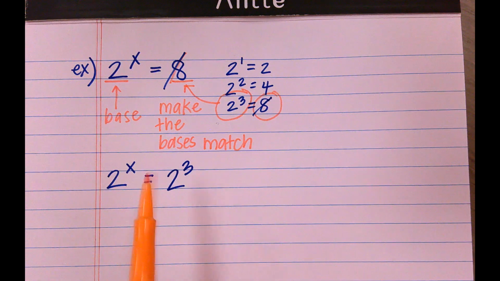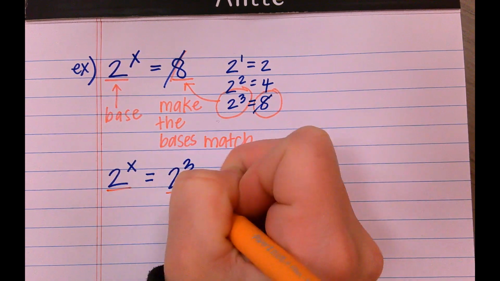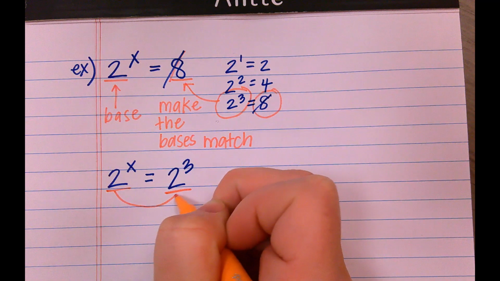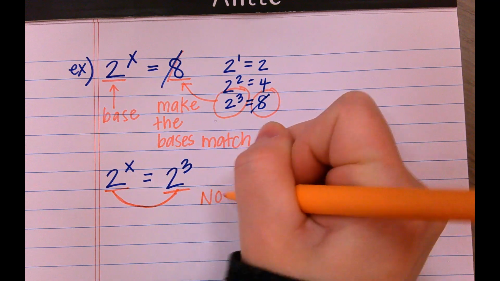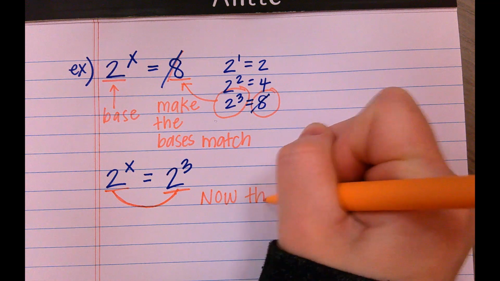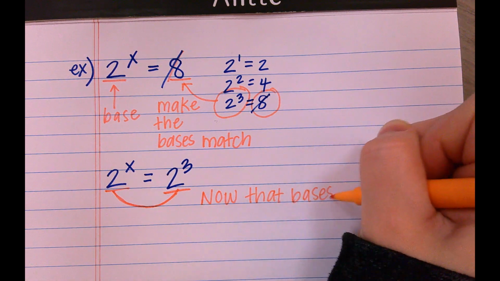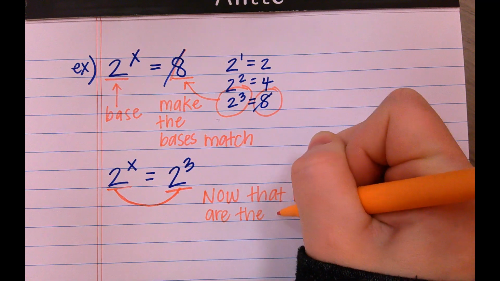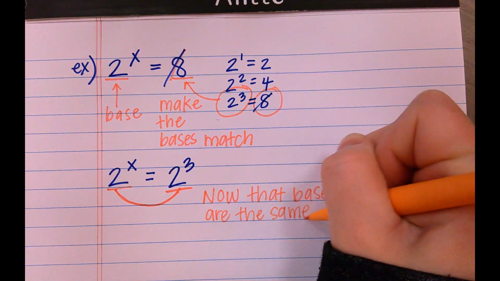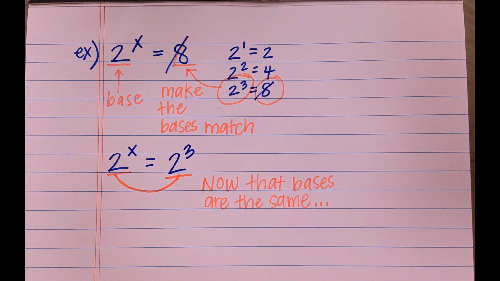And you know what we can do once our bases match? I'm going to write here, now that my bases match, so now that bases are the same, they cancel out.